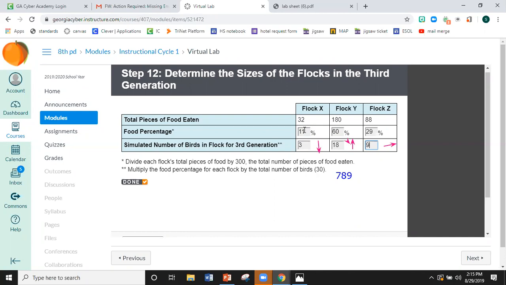Y had 60%, Z had 29. Remember, X started with 10, then they went to 6, now they're down to 3. Y started with 10 to 15 to 18. Z, 10 to 9 to 9.